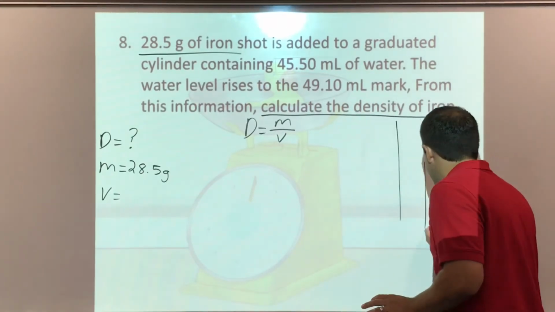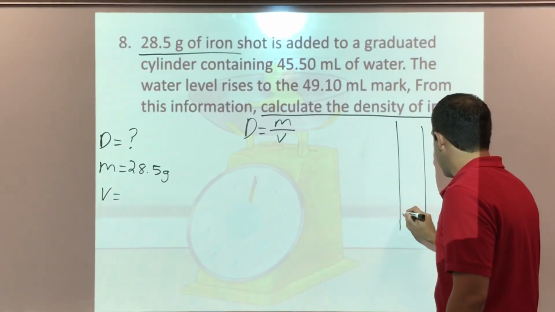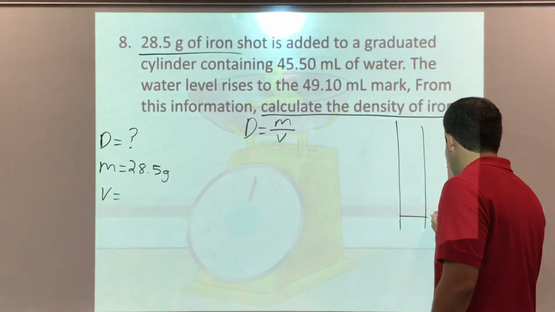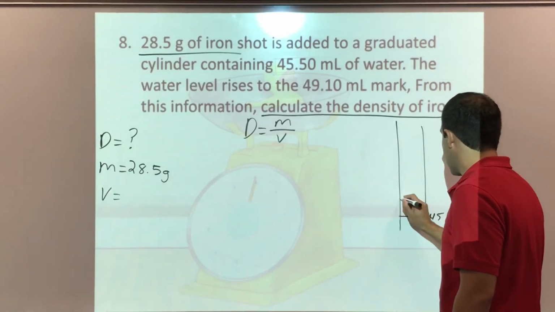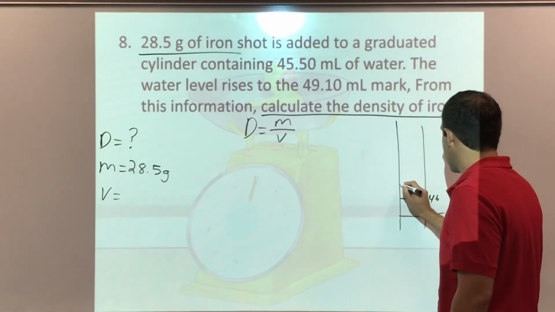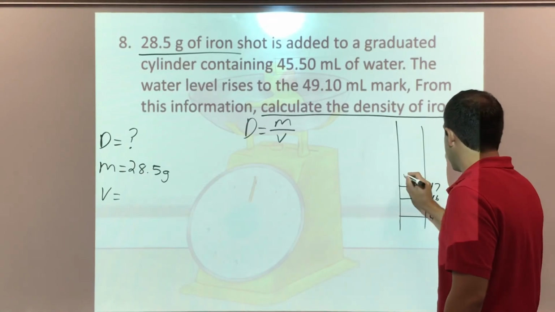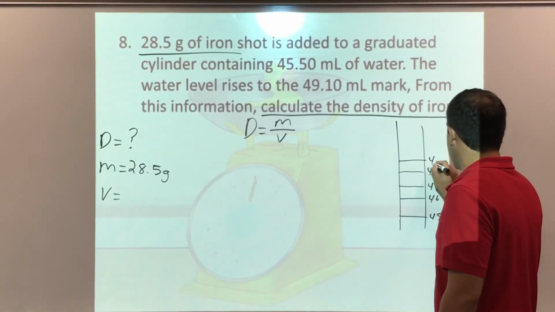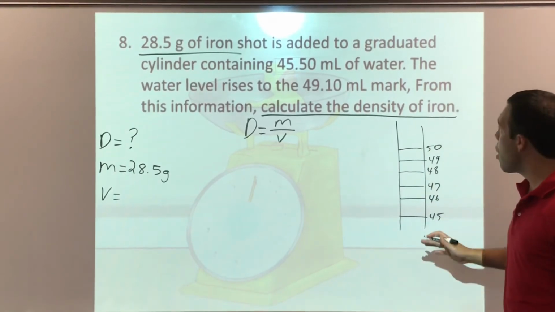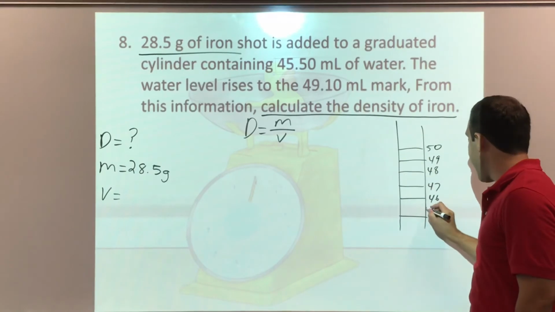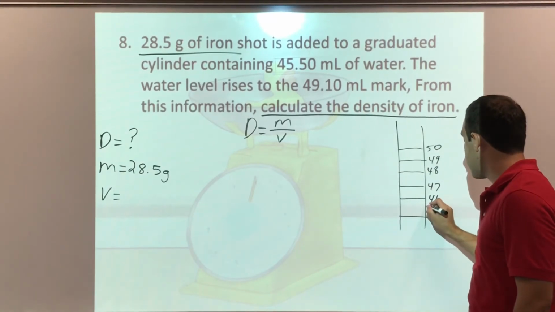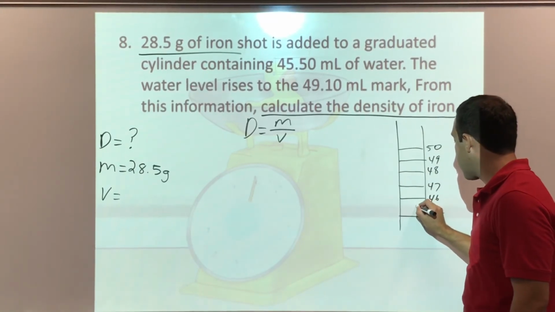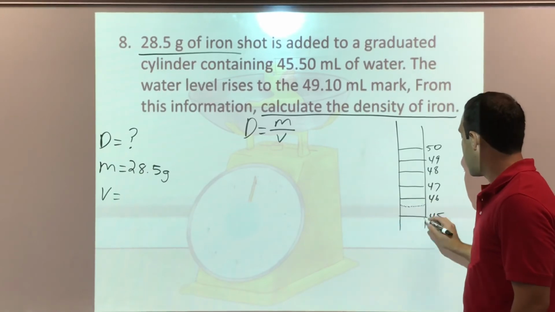Pretend this is just a graduated cylinder. I'm just going to draw 45, 46, 47, 48, 49, and 50. So we started off with 45.50 milliliters of water.